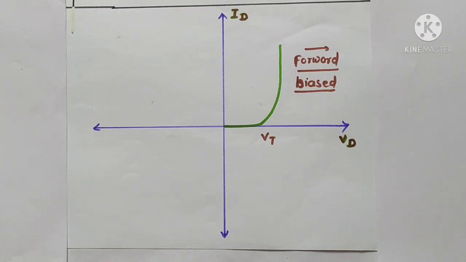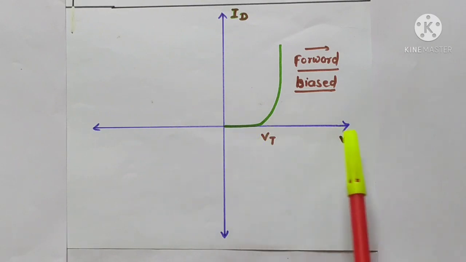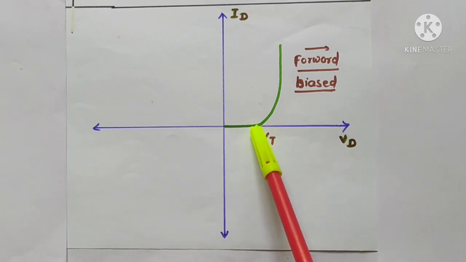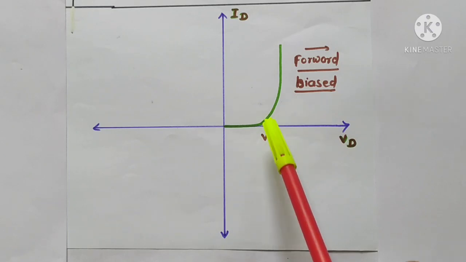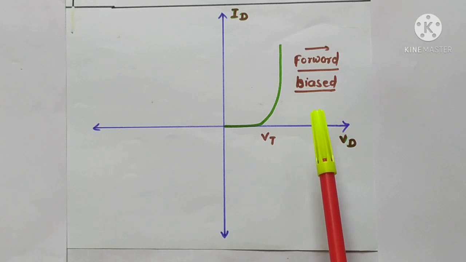Is that clear students? This is the current on the y-axis, while this is the voltage across the diode on the x-axis. Okay, so we'll discuss this VT in the next part. So this is the forward bias curve of a semiconductor PN junction diode.